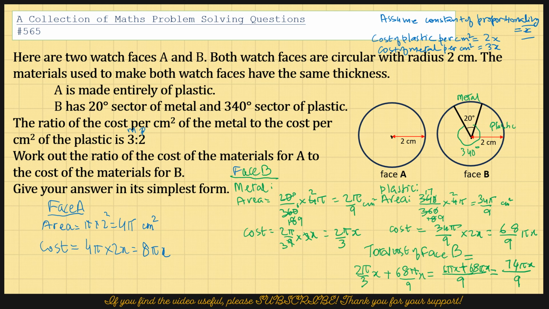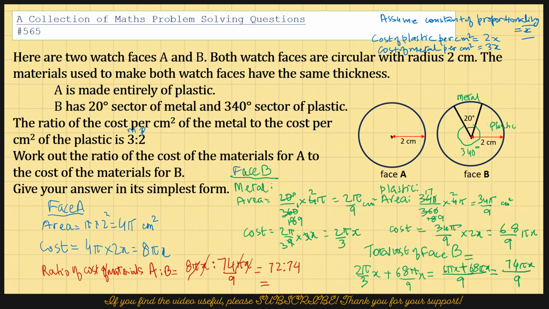So what we have to do is the ratio of the cost of materials, A is to B. A comes first and then B. That would equal 8 pi x is to 74 pi x out of 9, and then pi and x go away, and I am left with 72 is to 74.